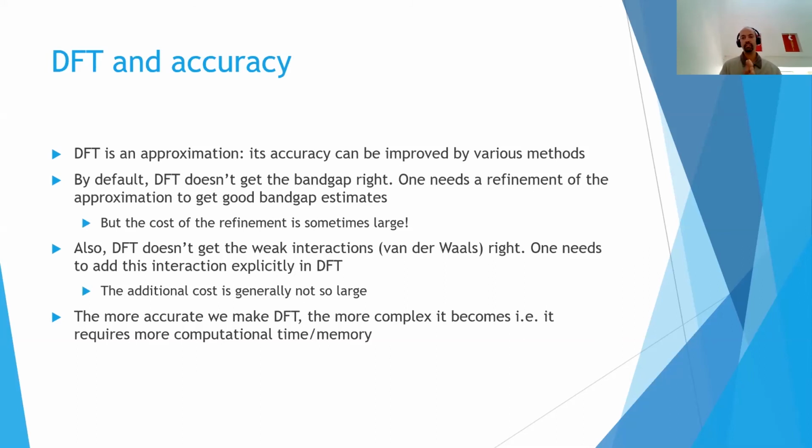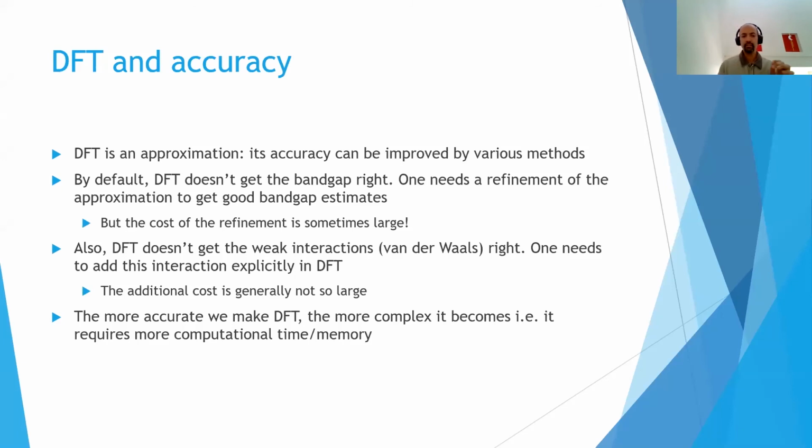Also, the approximations of DFT were not meant for the weak forces between materials, such as graphene and graphene, the van der Waals interaction, or benzene and benzene. This very weak force isn't by default in DFT. So we also have to add another correction for DFT, but luckily the correction to model the van der Waals interaction isn't too complicated.